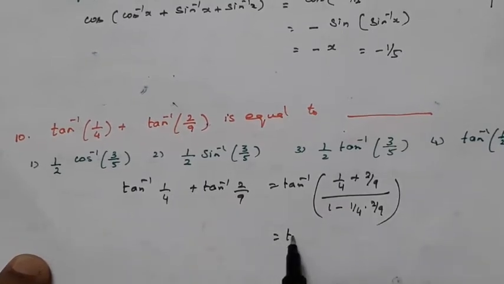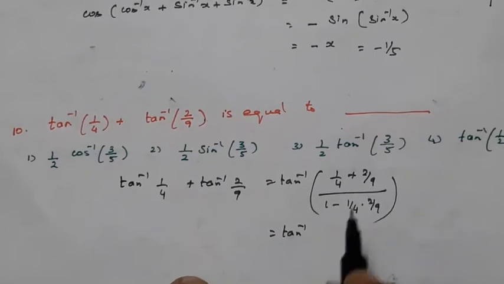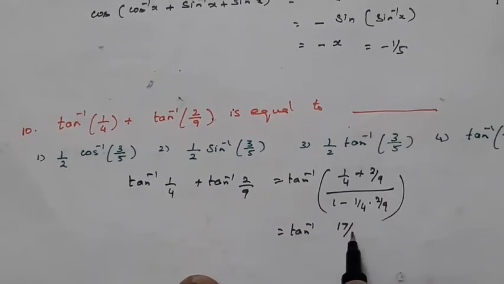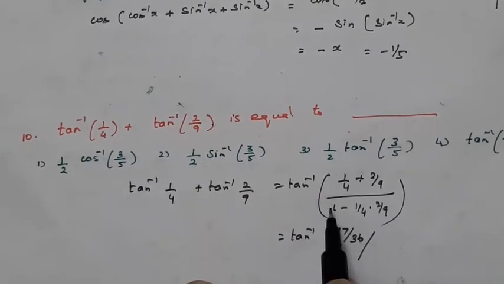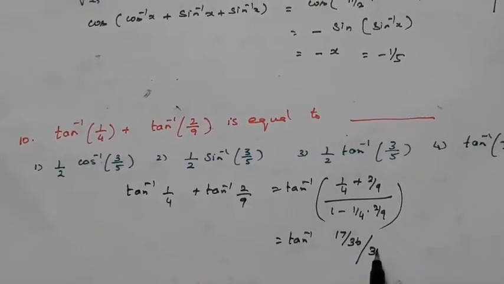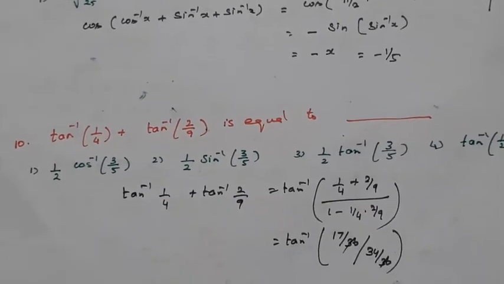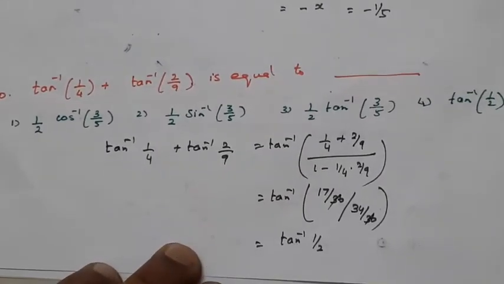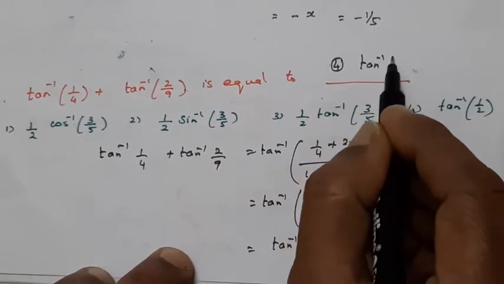Taking LCM 36, 9 plus 8, that is 17 by 36, divided by 36 minus 2, that is 34 by 36. So 36 and 36 cancel. Tan inverse of 17 by 34 is nothing but tan inverse of 1 by 2. So what is the option? Option number 4, tan inverse of 1 by 2.